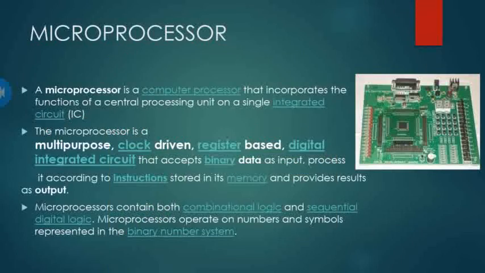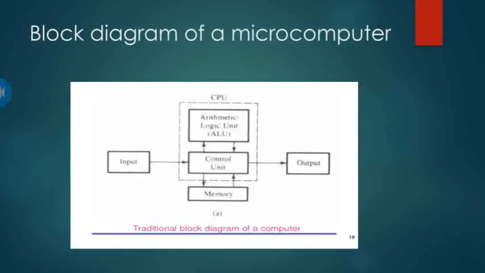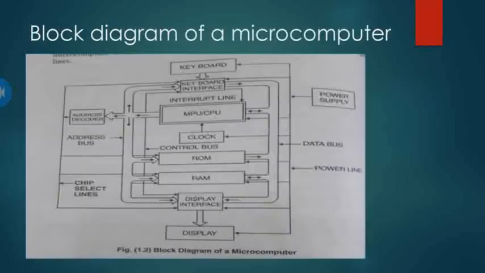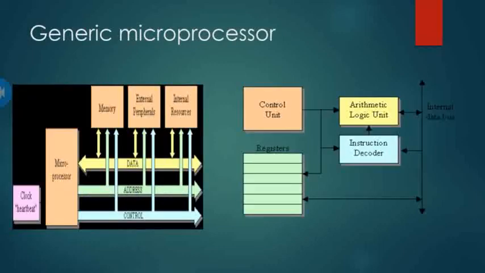Here we have studied microprocessor, definition of microprocessor, generations of microprocessor, block diagram of microcomputer. Where I have told you two block diagrams of microcomputer, the basic things of microcomputer. Then generic microprocessor. Generic microprocessor is general things of any of the microprocessor.